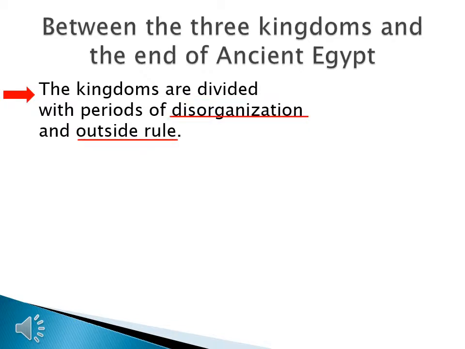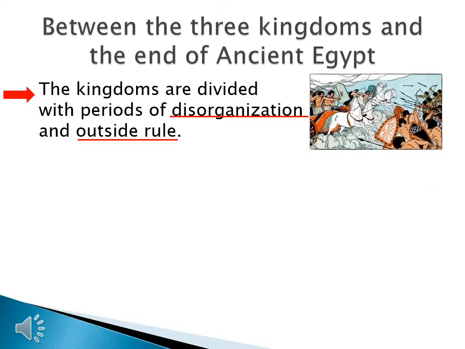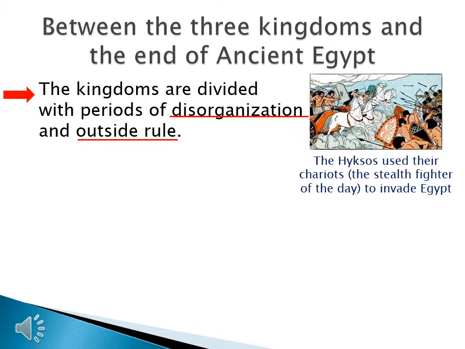In other words, there are times in Egyptian history when nobody's in charge, or, even worse, outsiders are in charge, like the Hyksos. These guys, they use their chariots, which are the stealth fighter of the day, the greatest military achievement of the era, and they invade Egypt and they take over for a while.